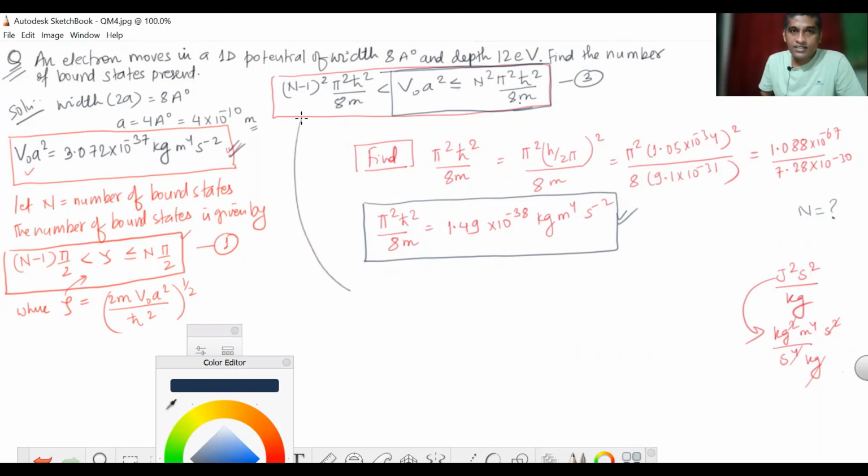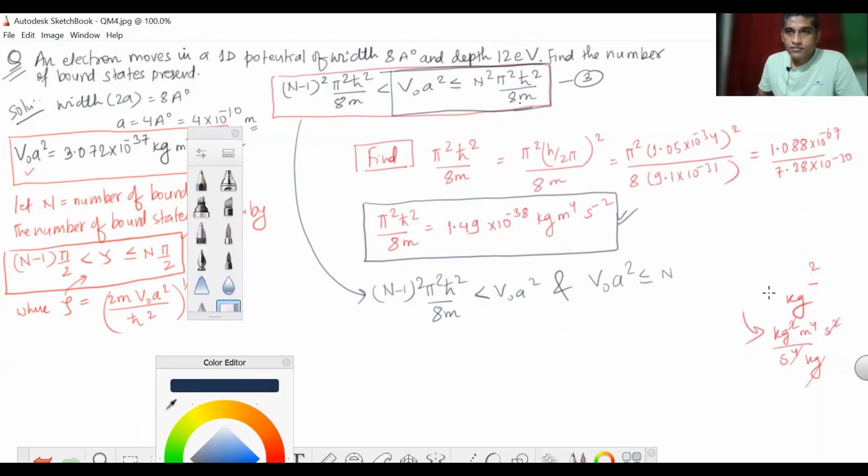So we can write this inequality as (n minus 1) whole square pi square h bar square by 8m is less than V naught a square, and V naught a square is less than or equal to n square pi square h bar square by 8m.